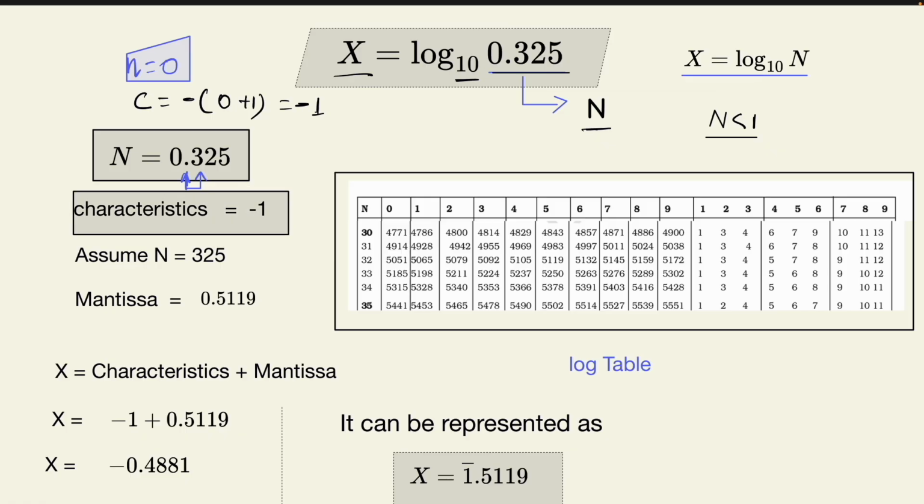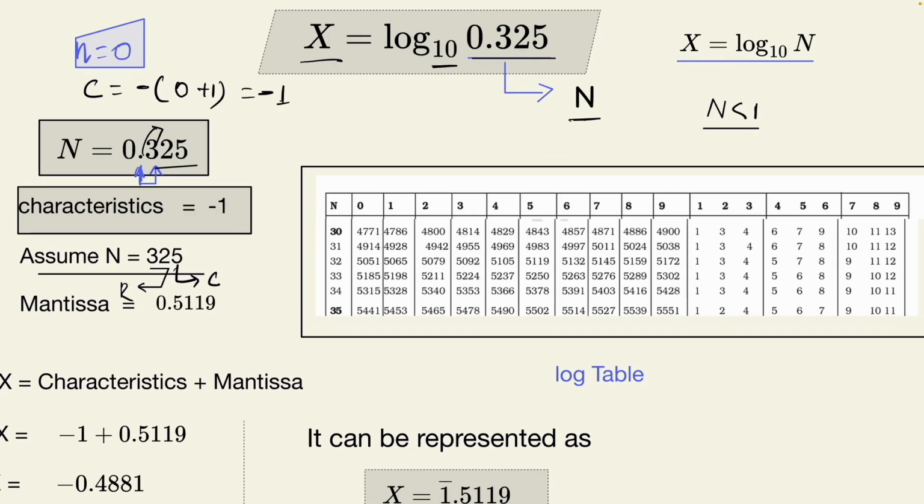Now we have to find the Mantissa. We got the characteristic. If we remove this decimal, our number can be written as 325. So 32 will give the information of the row and 5 will give the information about the column.